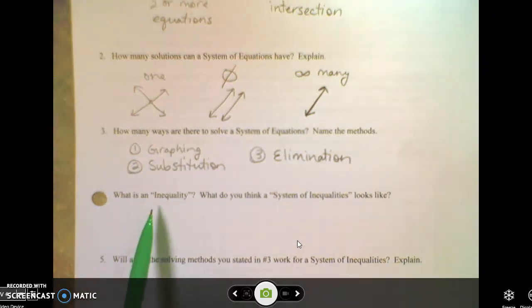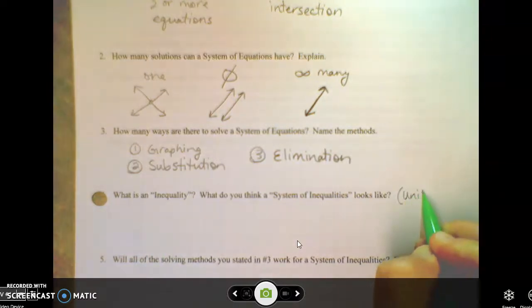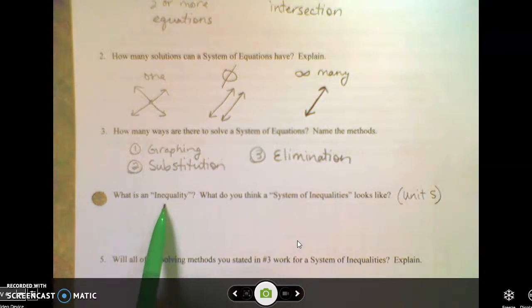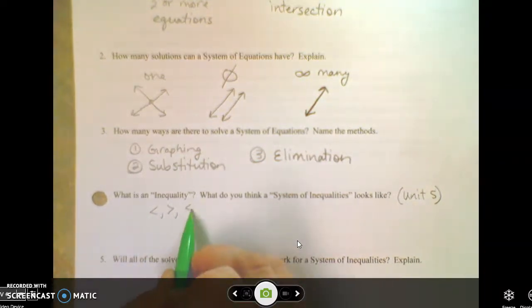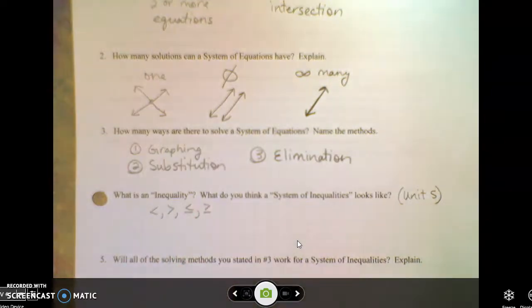Now, these questions are all from Unit 5 when we did our inequalities unit. So what is an inequality? Well, an inequality has a less than, greater than, less than or equal to, or greater than or equal to sign in it. So what would you think a system of inequalities would look like?